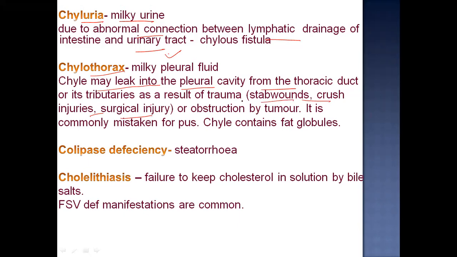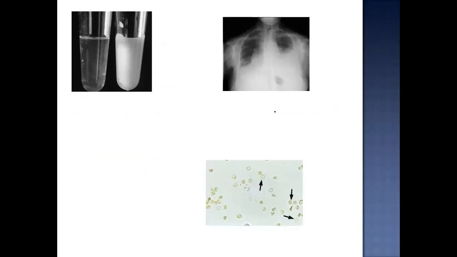All this can damage the thoracic duct, and the thoracic duct may leak its chyle into the pleural cavity, and the thorax will show haziness on the X-ray. Another thing is cholelithiasis, that is the formation of gallstone. The impact of gallstone we already discussed in the form of steatorrhea.